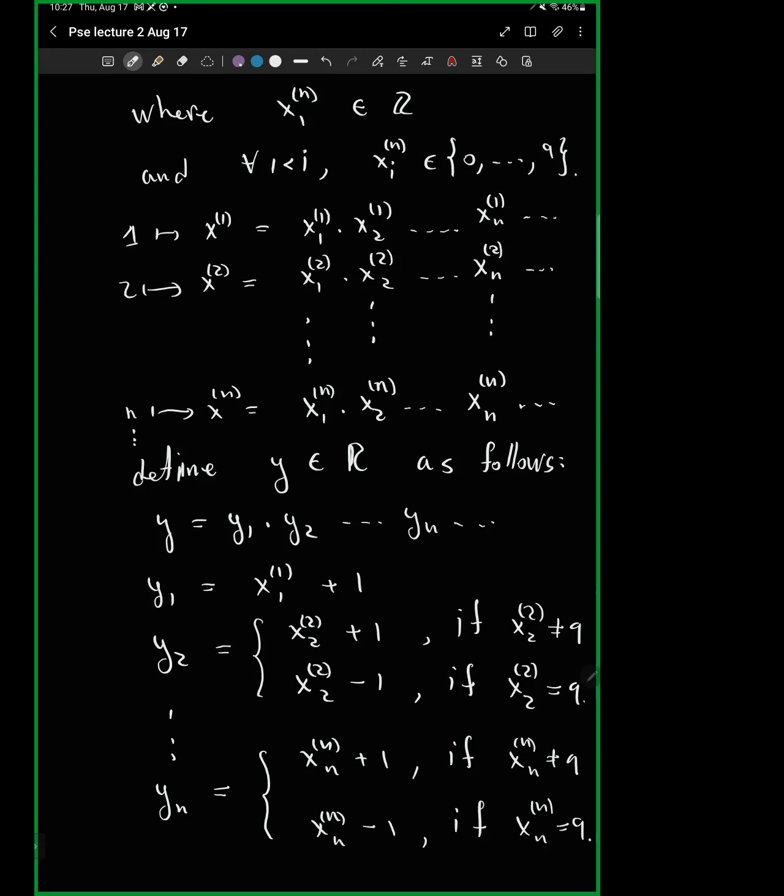So the picture, and this is why it is called the diagonal argument, I have this infinite table, and now I look at the diagonal. And what I'm doing is I define a number y by tweaking each of the entries in the diagonal of this infinite table.